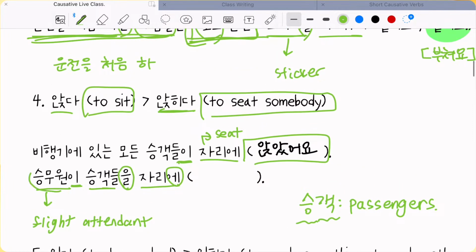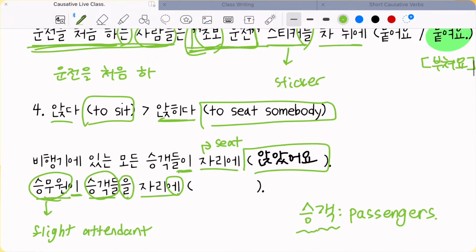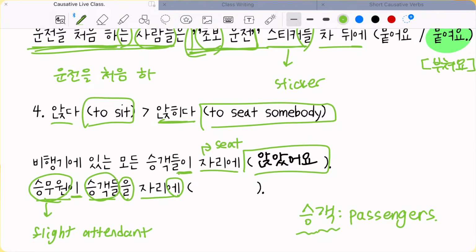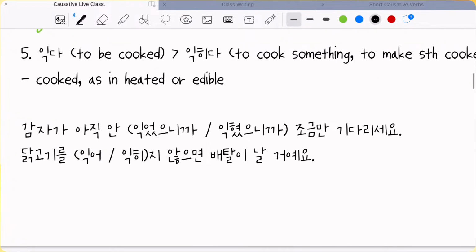What would the flight attendant have the passengers do? 그쵸? Without a doubt, this is the place where a causative verb has to be placed, right? So it should be 앉혔어요. 승무원이 승객들을 자리에 앉혔어요. Okay, let's move on to the next one.